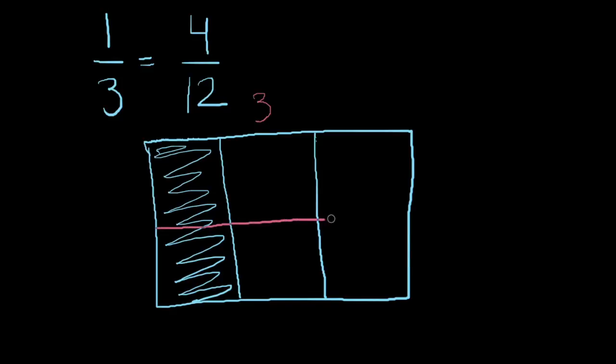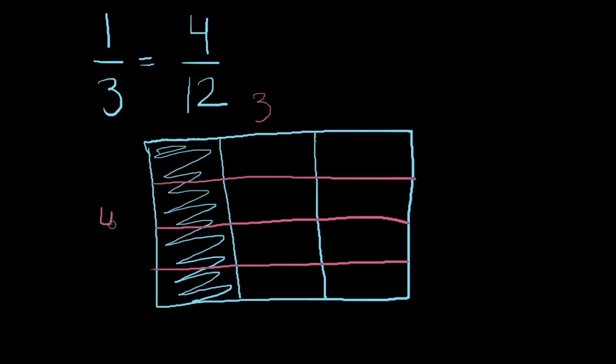So I'm going to break this up horizontally into 4 equal parts. So now I have 3 parts going across the top. I have 4 equal parts going down the side, and I know to solve for area, 4 times 3 would be 12. So now within this area model, I have 12 equal parts, which matches the number that I'm looking for in my equivalent fraction.